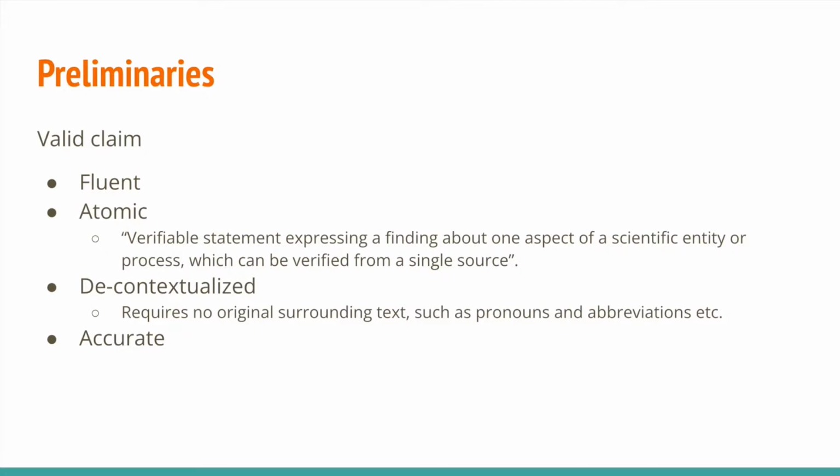So it does not rely on other things, and it's just one individual aspect. Decontextualized means it requires no original surrounding text, such as pronouns and abbreviations. So it's just standalone.